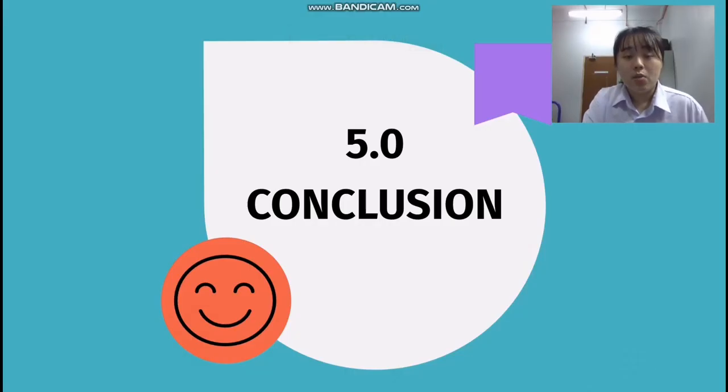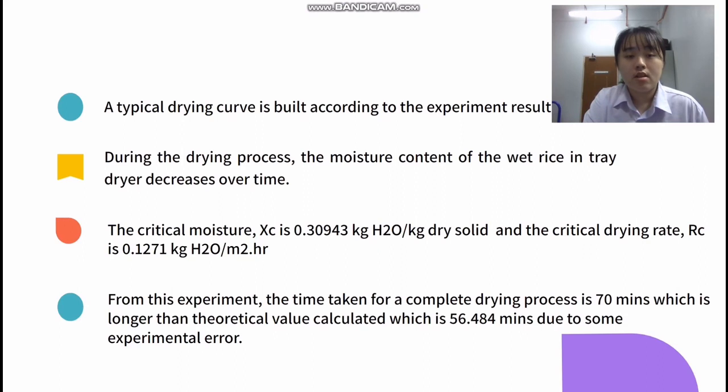Last but not least, we have come to the conclusion. From this experiment, a typical drying curve is built according to the experimental results. During the drying process, the moisture content of the wet rice in the tray dryer decreases over time. The critical moisture content obtained is 0.30943 kg water per kg dry solid, and the critical drying rate is 0.1271 kg water per meter square per hour.